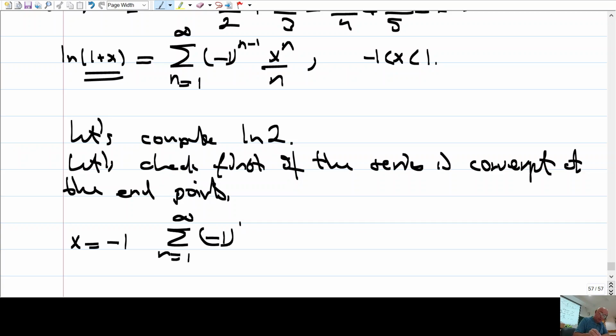You get -1 to the power n, divided by n. So this is just -1 to the power 2n minus 1. So it's an odd number, so it is always -1.